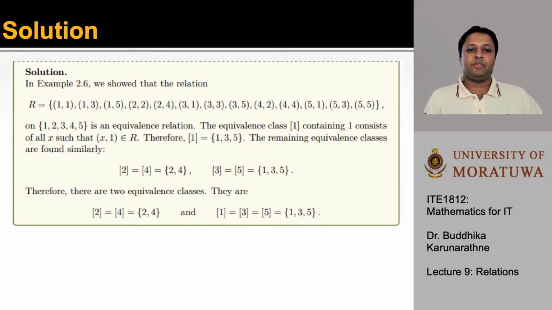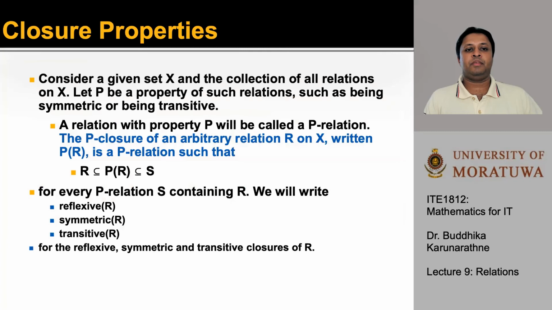For 3 and 5 equivalence classes, you have {1, 3, 5}. So therefore, there are 2 equivalence classes we can identify. There are {2, 4}, which includes 2 and 4, and then {1, 3, 5}, which includes 1, 3, and 5. So this is how you arrive at the equivalence classes.